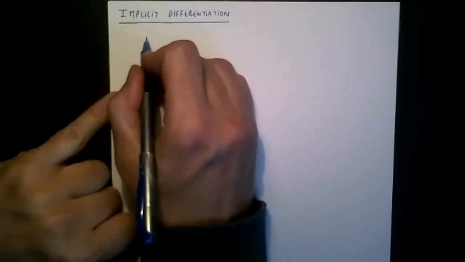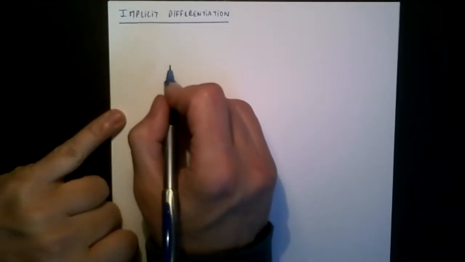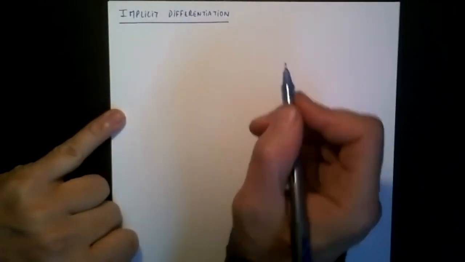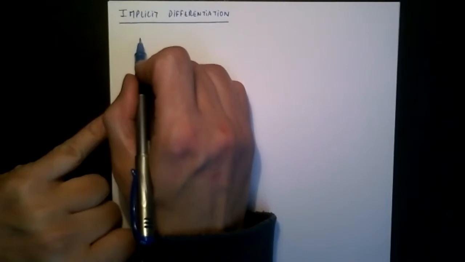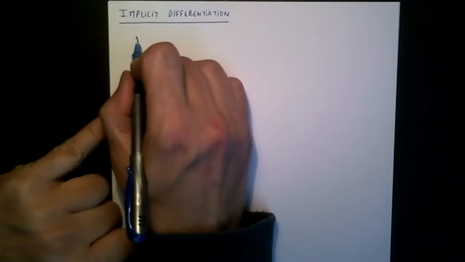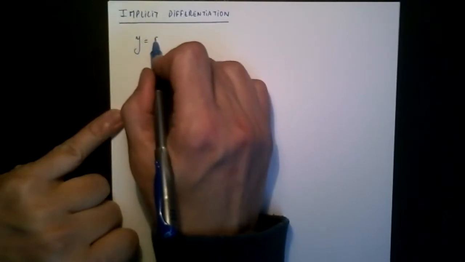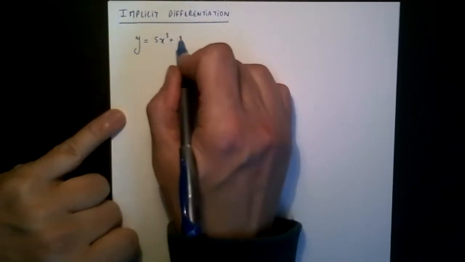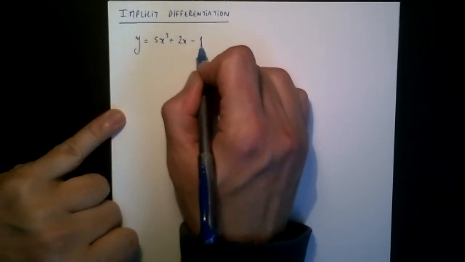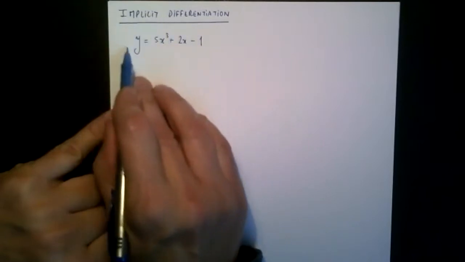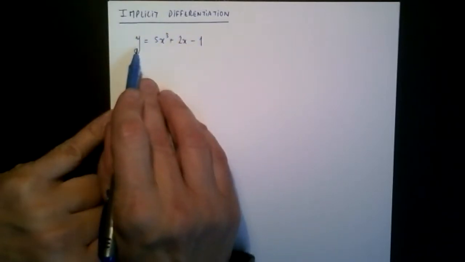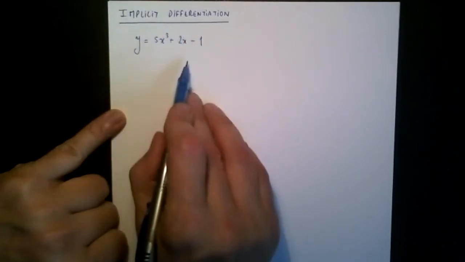So here's an example of an equation that's written explicitly, and an equation that's written implicitly. Let's say y equals 5x cubed plus 2x minus 1. This is a function. y is written explicitly in terms of x.